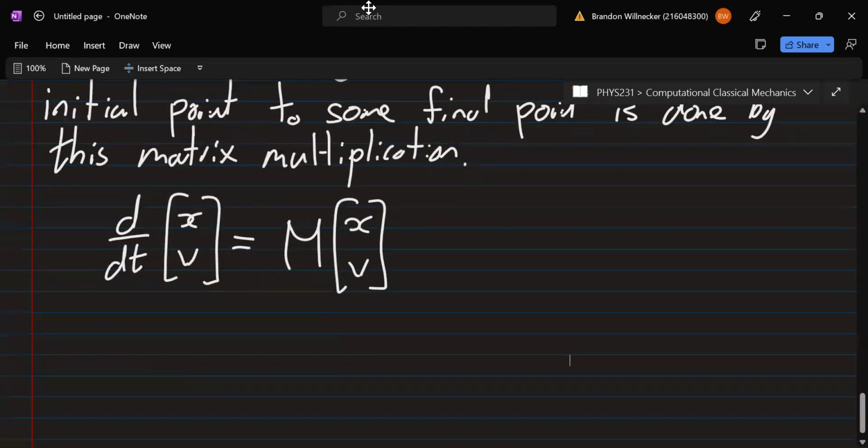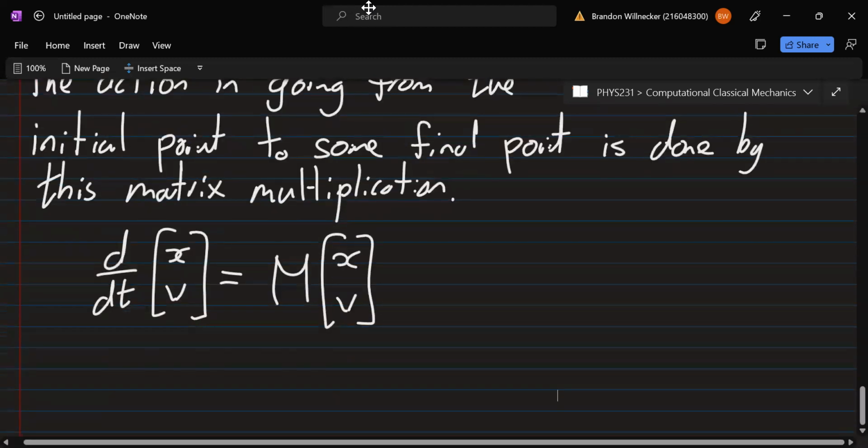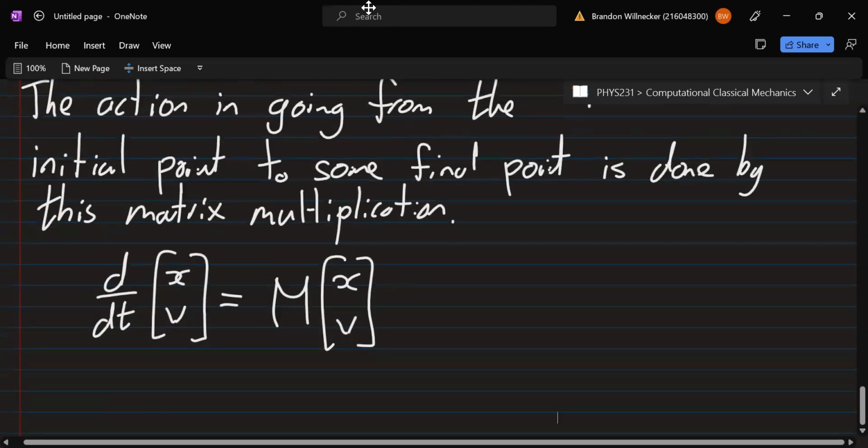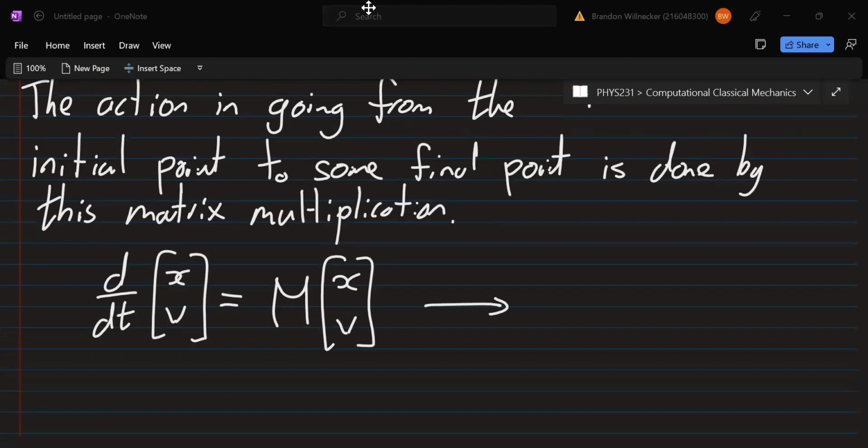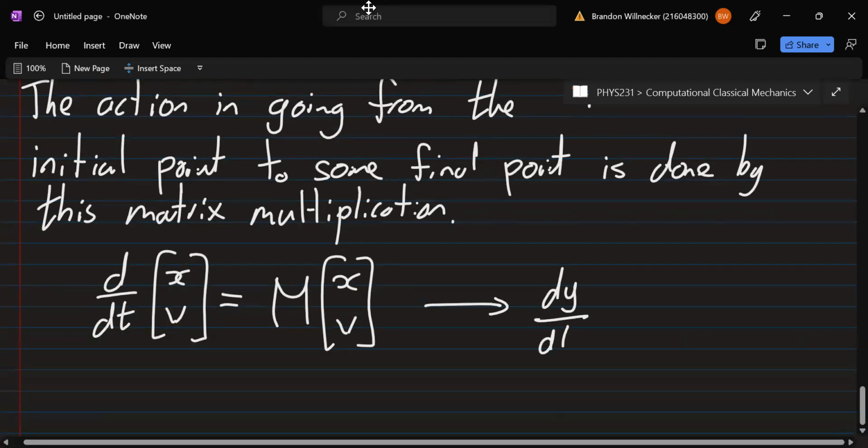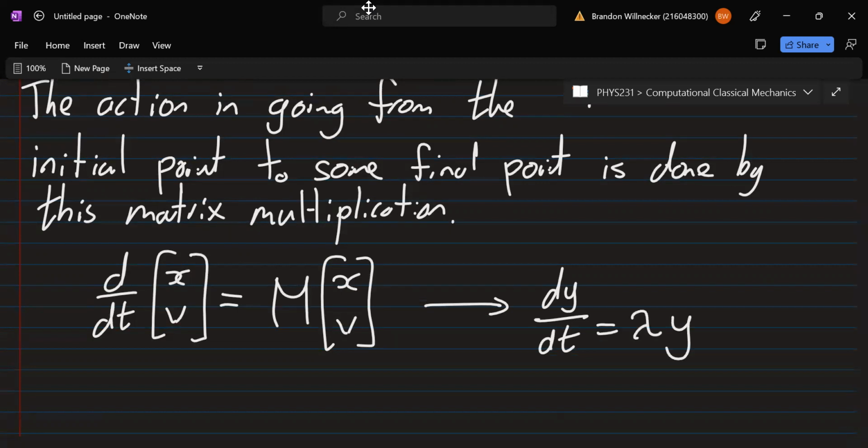Now, if we imagine this not as a matrix equation, but instead as a normal standard differential equation, something like dy by dt is equal to lambda y. It's very similar. So we have d by dt of something is equal to some multiple of that thing. So dy by dt is lambda y.